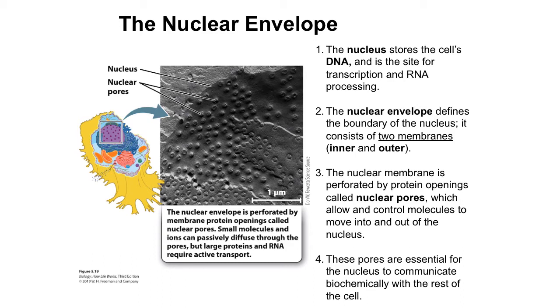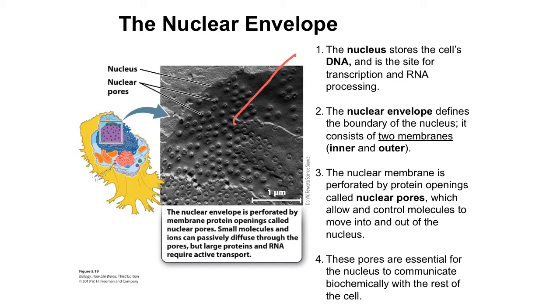So the nucleus, as shown here, and this is an electron micrograph figure of the membrane. The process that they use is what we call freeze fracture, where you can actually slice open a frozen piece of the membrane and see what's in there. And so what you see is the membrane of the nucleus.